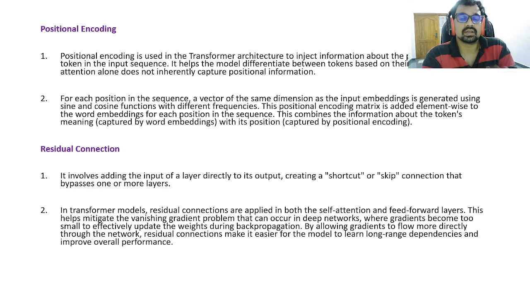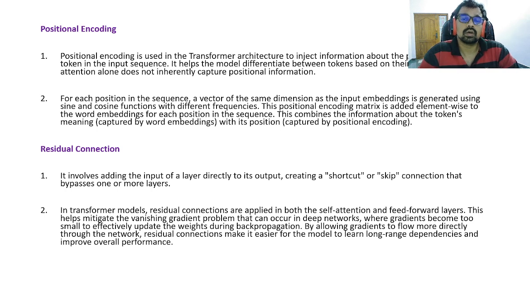Imagine you have input embeddings of 5 dimensions, then you create another matrix of the same 5 dimensions and do an element-wise operation. So the output will have both the meaning of the token as well as the position of the token, which is done by positional encoding.